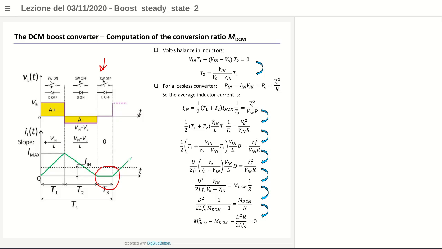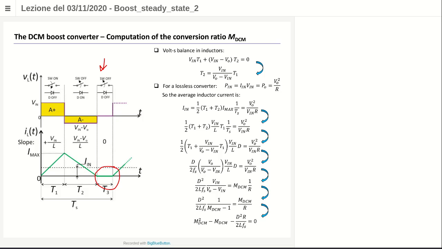So for the boost in CCM, it happens that this transfer function leads to the presence of a zero in the right half plane. A zero that has a behavior which is the same as a pole for what concerns the phase. This leads to a very small phase margin, so it reduces the phase margin of your closed loop system.